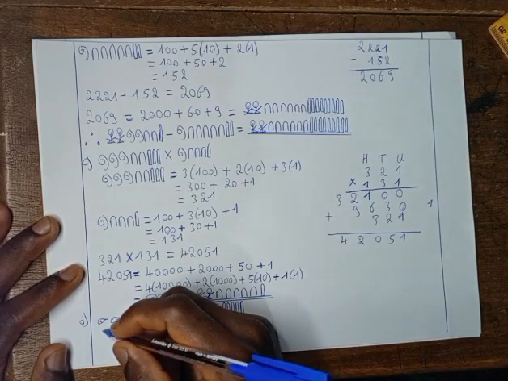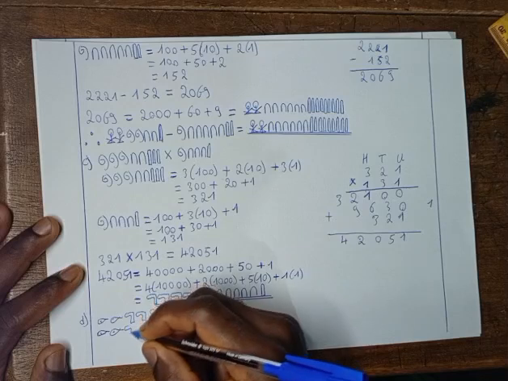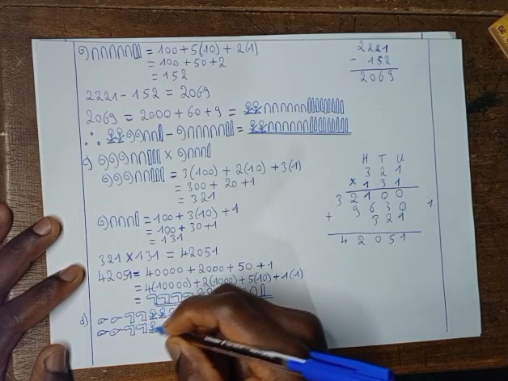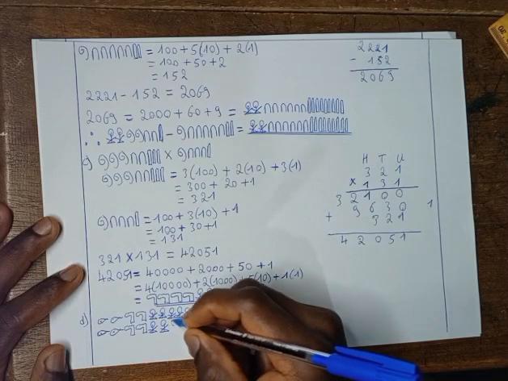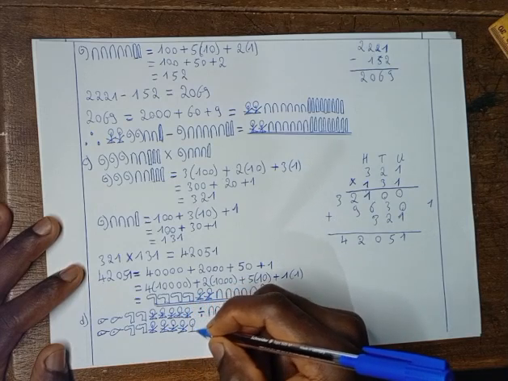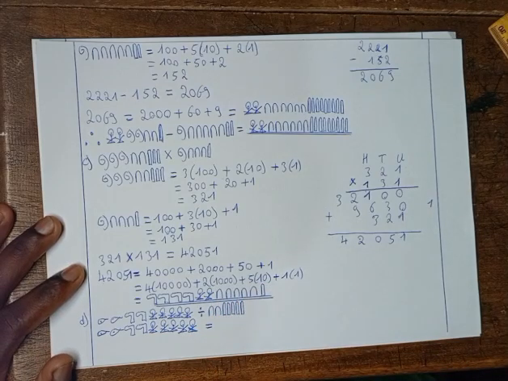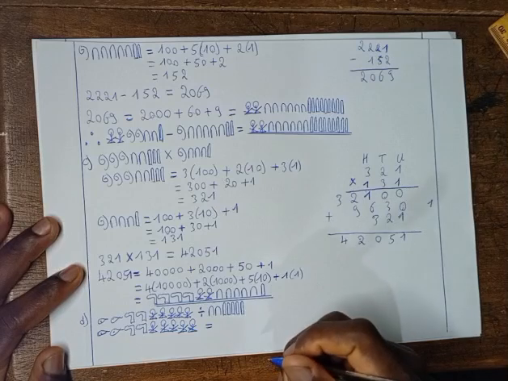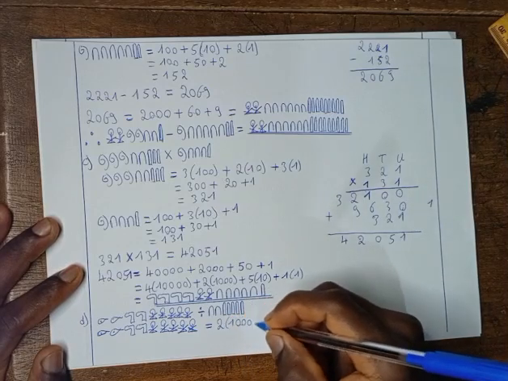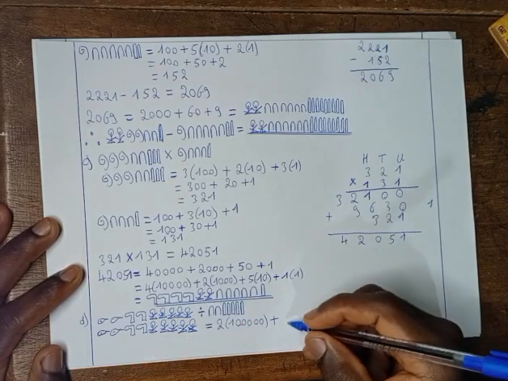Next, we are going to convert these 2 Egyptian numerals to our own numerals. If you take the first number, it has 2 tadpoles, 2 bent fingers, and 5 lotus flowers. We know the Egyptians represented 100,000 by using a tadpole. So we have 2 tadpoles, so 2 times 100,000, plus they represented 10,000 by using a bent finger.